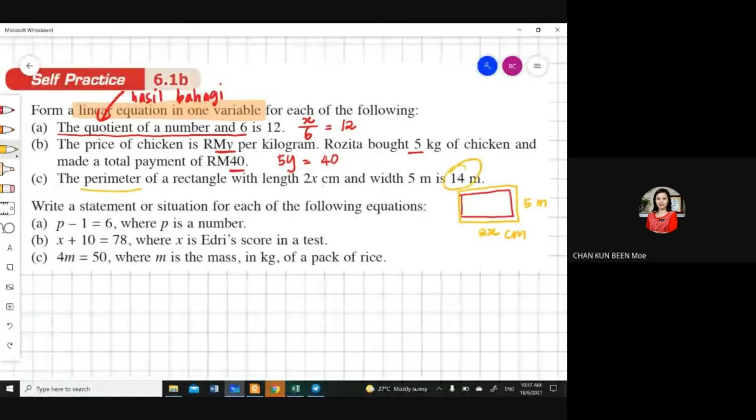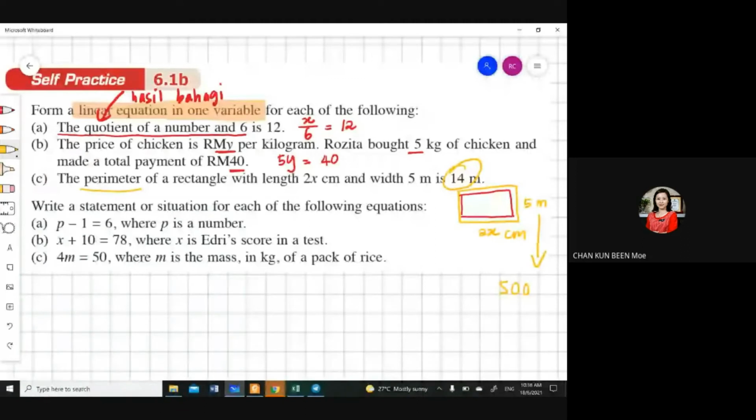Okay, now, are you going to change the meter to centimeter or the centimeter to meter? Centimeter. Change to centimeter, right? Okay, 5 meter equal to how many centimeter? 500. You are right, sorry, I thought it's kilometer.